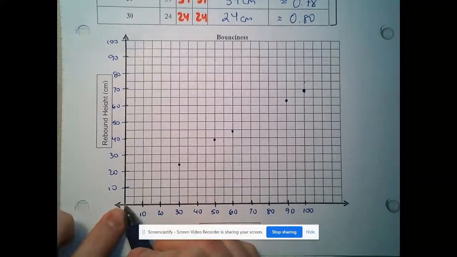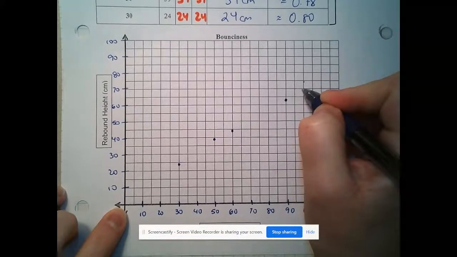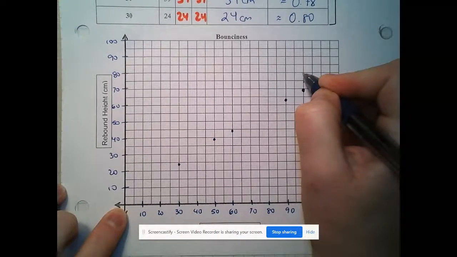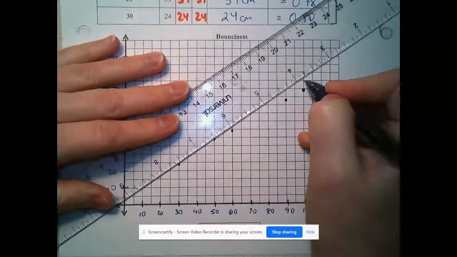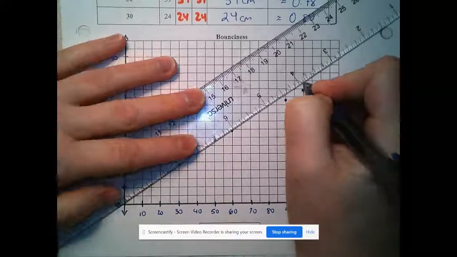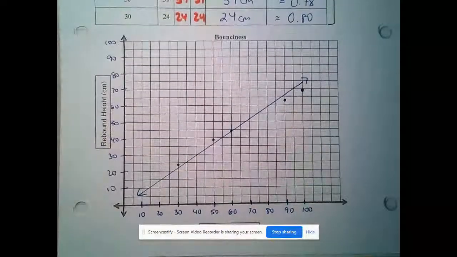And if we want to have 0.74, we'd go over to 100 and we'd go up to 74, which would be about there. And we would sort of aim for those 2 points because that would give us a slope of 0.74 and it would go through the origin and we would end up with something about like that.